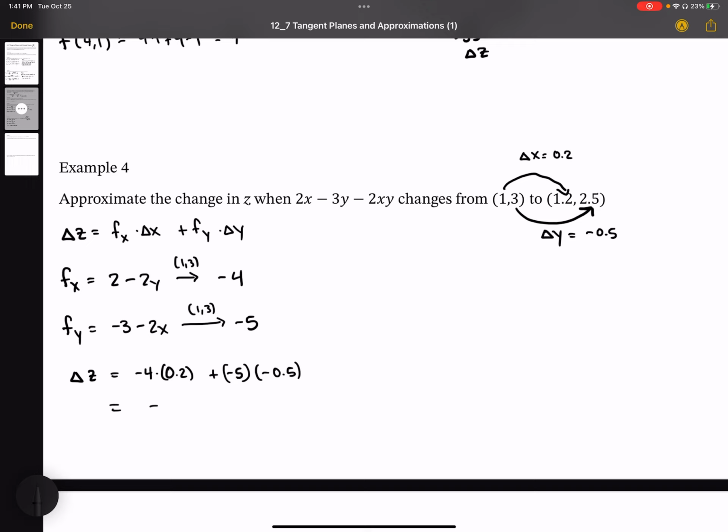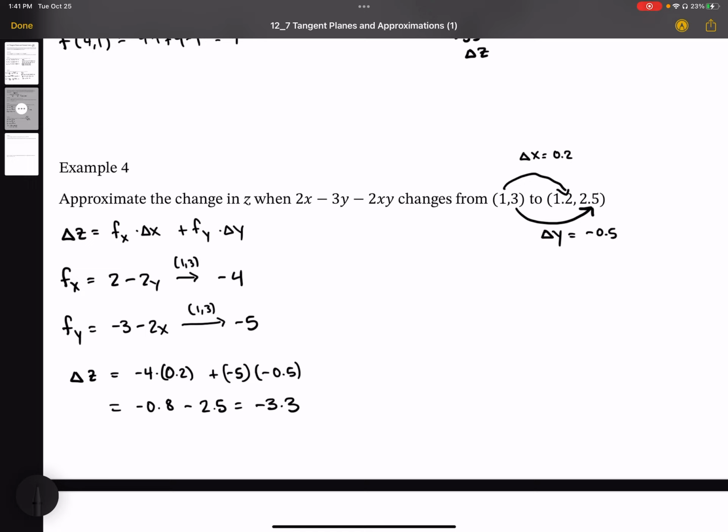So what we get is negative 0.8, and then minus 2.5, which is negative 3.3.